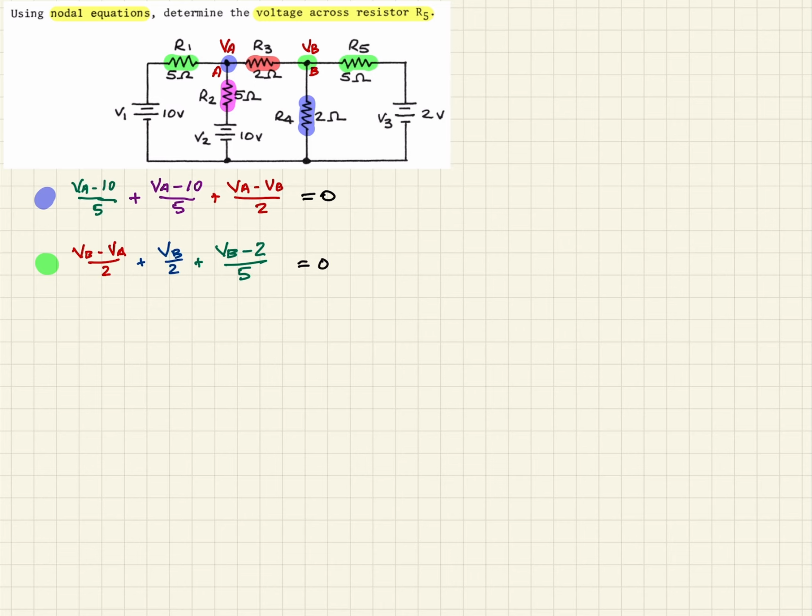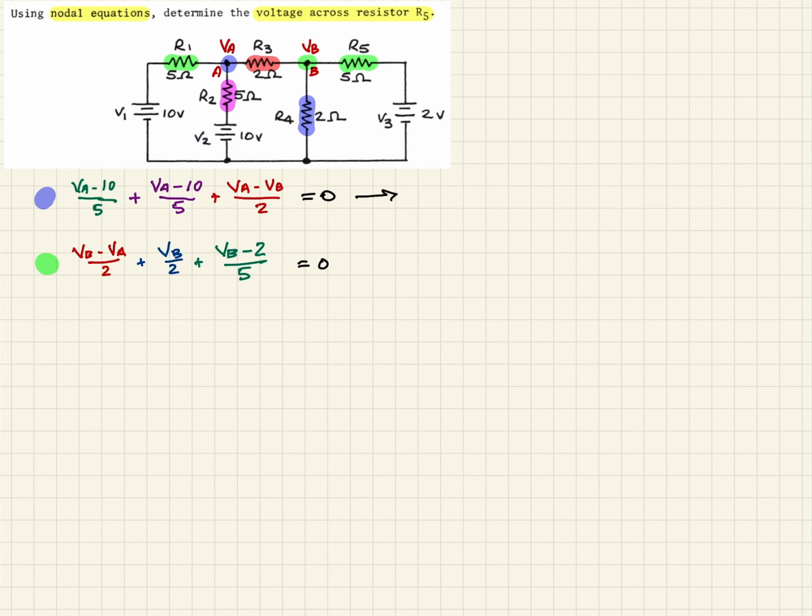Now we should be able to do some reduction here. We can multiply through the top equation by 10.